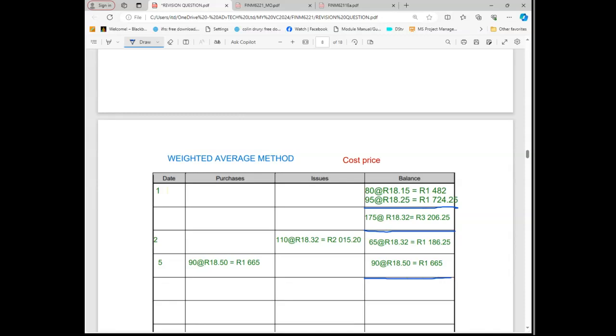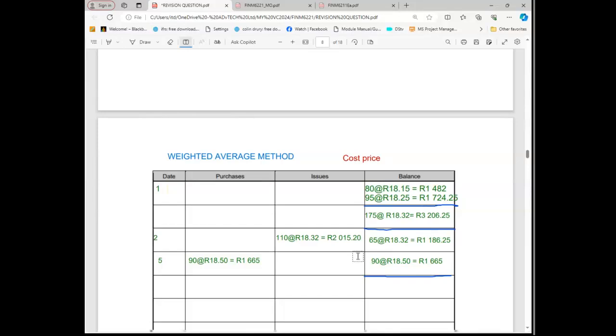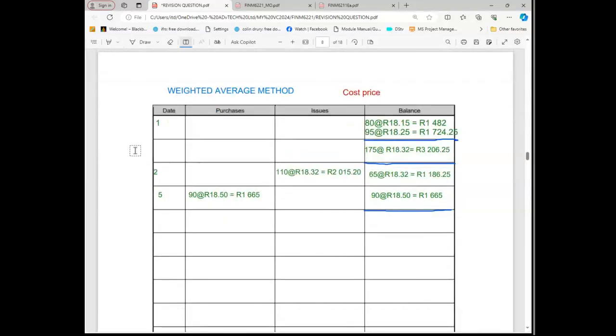Put together, you're gonna add the units first, sir. Add the units. You're gonna add 90 and 65 together. That will give you 155 units.